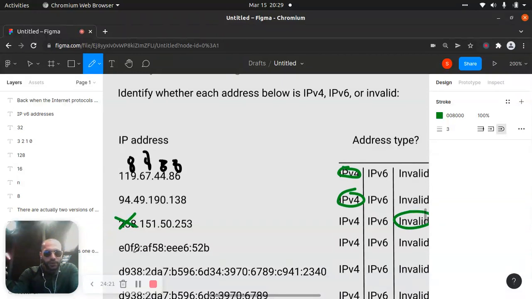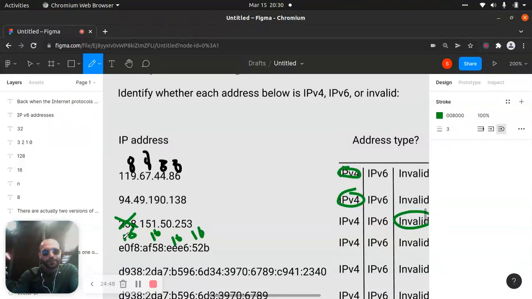This one, just check it. We have here 4 parts. This place is 16 bits, this place also 16, this place also 16, so we have 65536 possibilities in each FFFF.